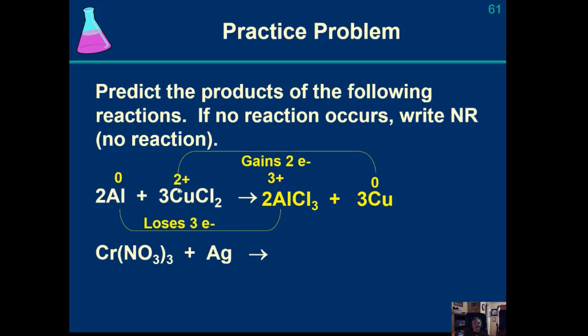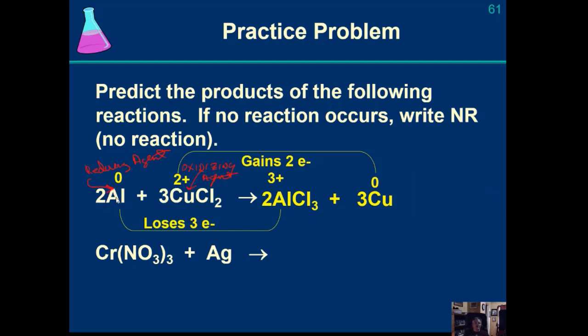Each copper 2+ ion is going to gain 2 electrons to become a 0 oxidation state copper atom. So a total of 6 electrons are lost and 6 electrons gained. We use the coefficients to make that determination. 3 times a +2 is 6 electrons that are gained, and then 2 times 3 electrons that are lost. 2 times 3 is 6 electrons lost. That gives us 6 electrons transferred.